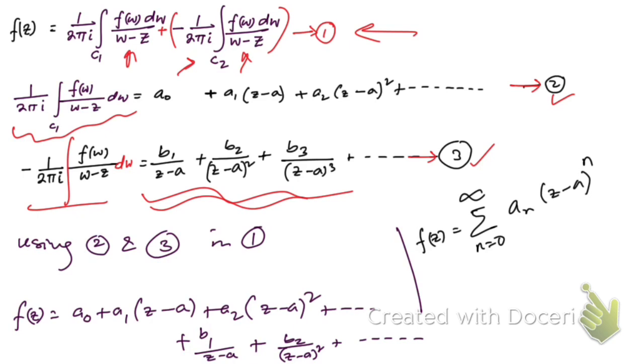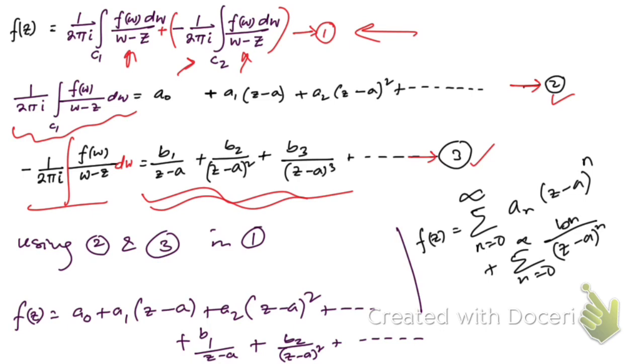And we can express the second part, the terms containing b1, b2, in this way, plus summation n is equal to 0 to infinity bn by z minus a whole to the power n. We can write that way as well, right?